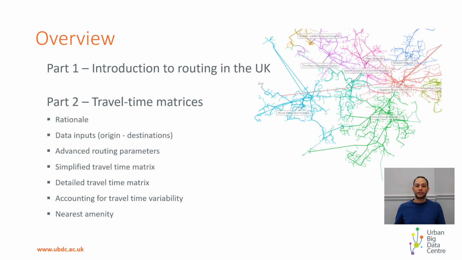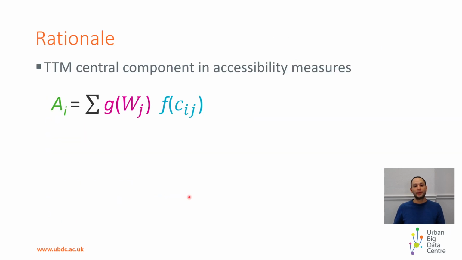First, we will estimate some simplified travel time matrices, and then we will move on to the detailed travel time matrices. Next, we will account for travel time variability, and lastly, we will use this information to account for the nearest amenity. Travel time matrices are a central component in accessibility measures.